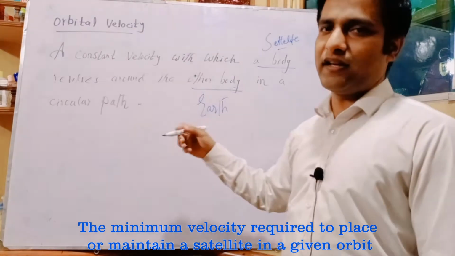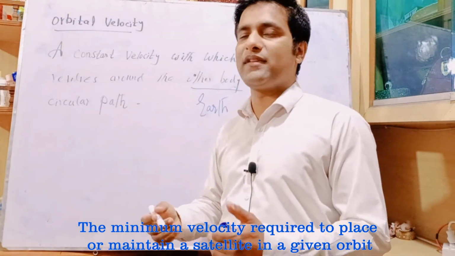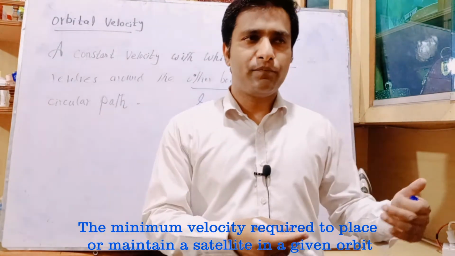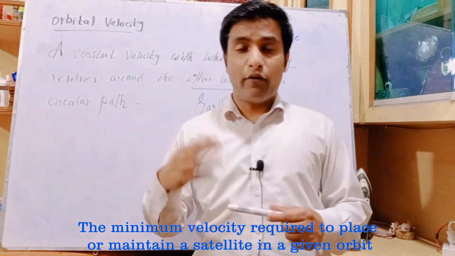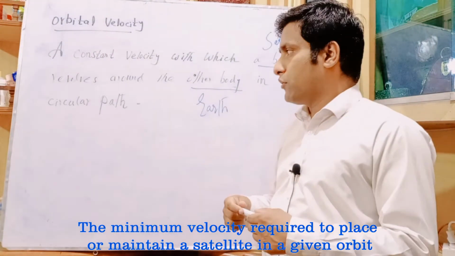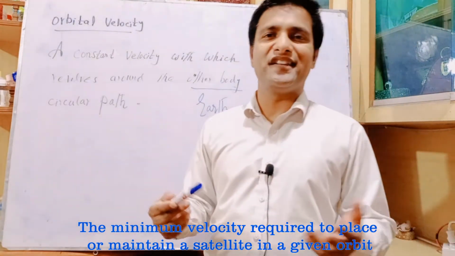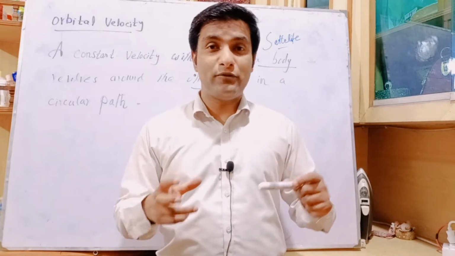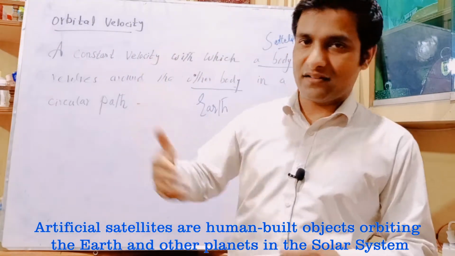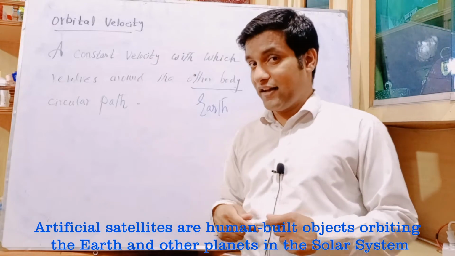But it can be any other planet, because every planet has so many natural satellites. So a satellite is the body that revolves around the planet. For example, the moon is a natural satellite of the Earth, but the body that we make to revolve around the Earth is called an artificial satellite.